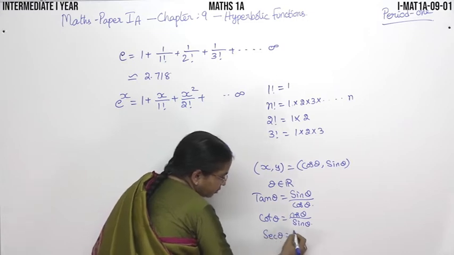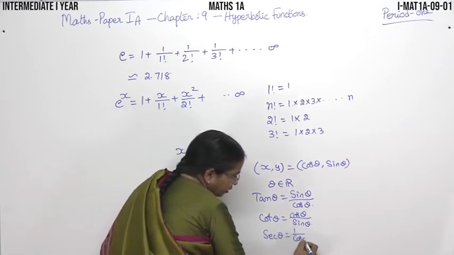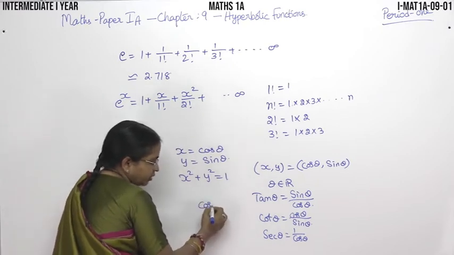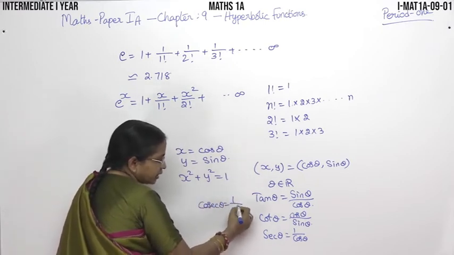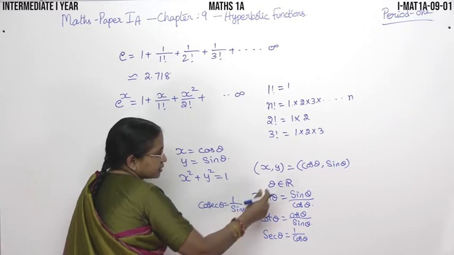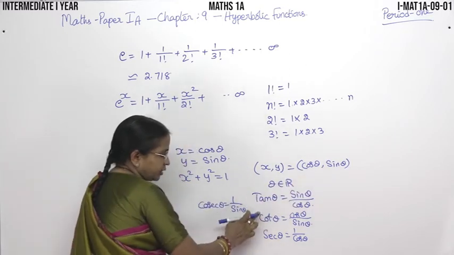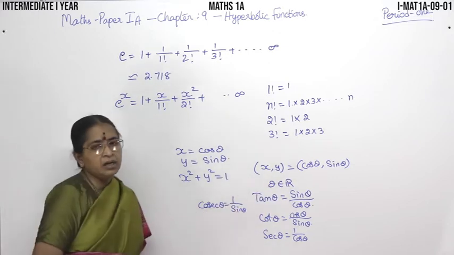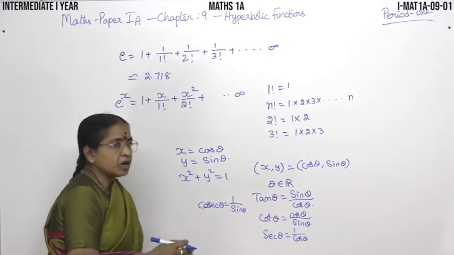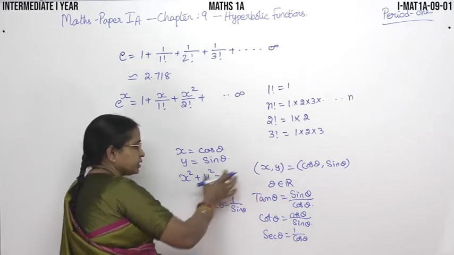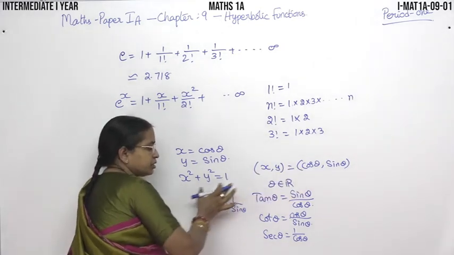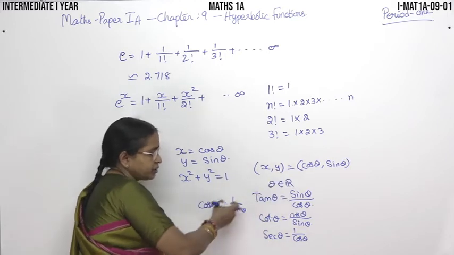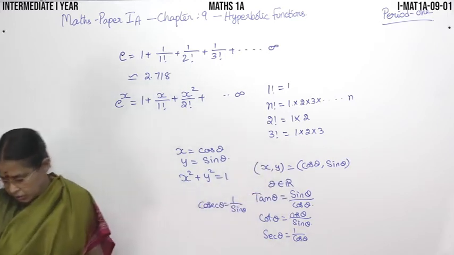Secant theta is equal to 1 by cos theta. And cosecant theta is 1 by sin theta. So all these six, sin theta, cos theta, tan theta, cot theta, secant theta and cosecant theta, are called trigonometric functions or circular functions, because sin theta and cos theta satisfy this equation, and all the remaining ratios are derived from those two ratios only.